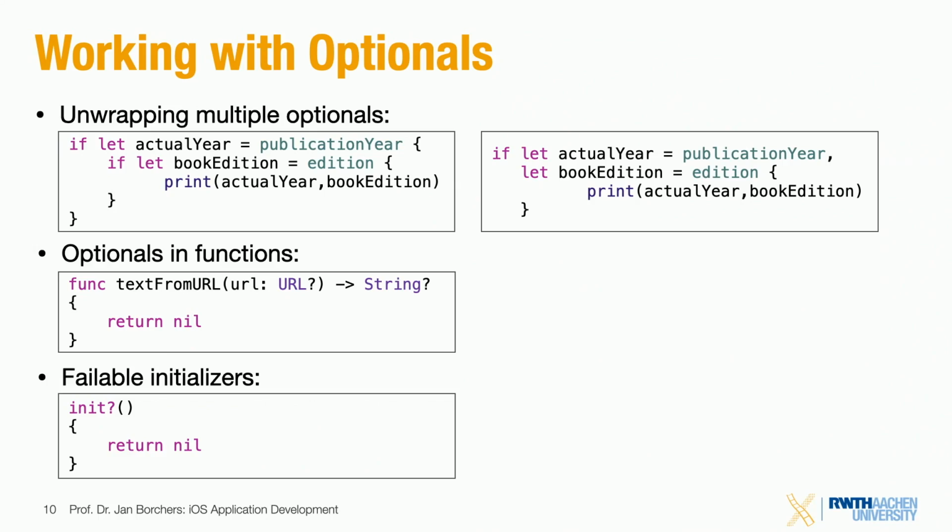That is a failable initializer, meaning if I try to set up a new struct or new class object, that can also be nil because it doesn't work, or the parameters that are passed over are wrong, or there's no network connection, whatever. That can then return an optional.